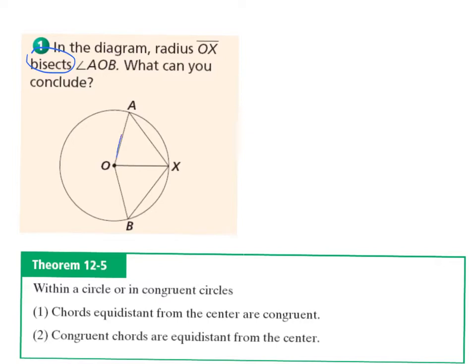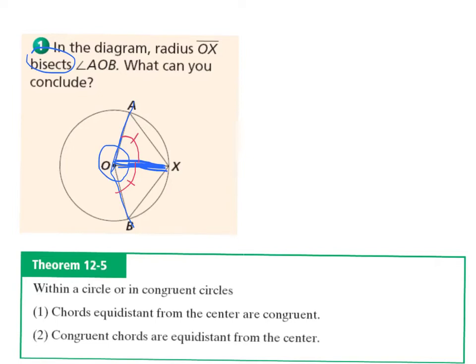Well, you follow it from A to O to B, and it's where the letter O is. So it's that right there. And because the radius OX bisects it, so here's OX, that's a radius right here, you can assume that this angle and this angle are congruent because of the word bisects.